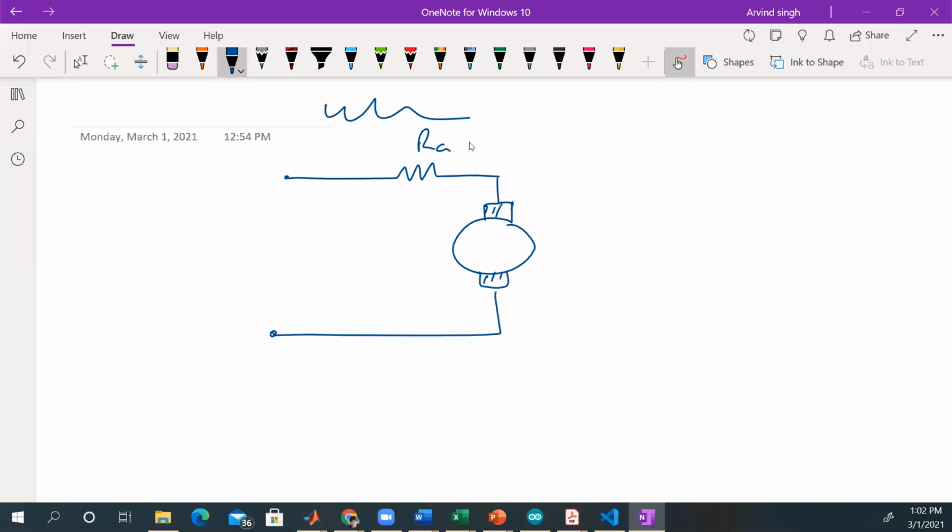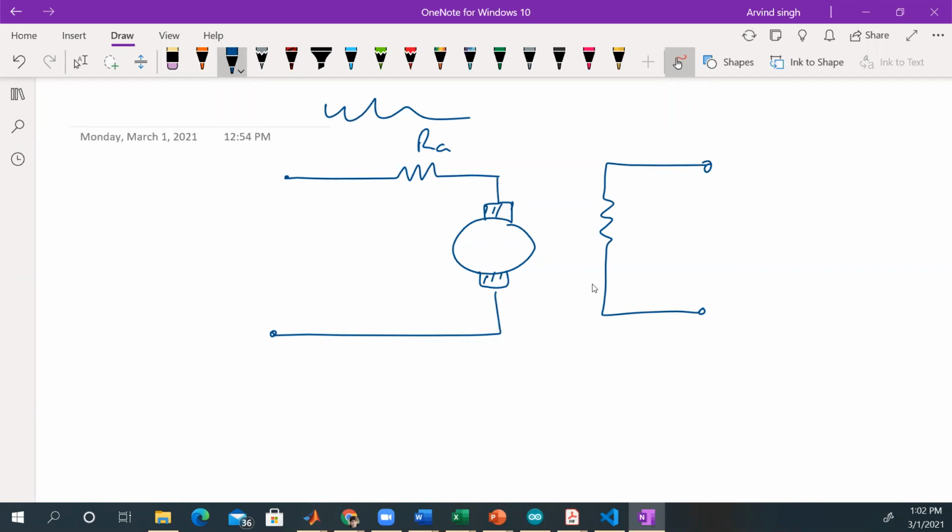And this is the armature resistance, right? So the armature resistance is always in series with the motor because obviously this is part of the motor. This represents the windings in the motor. And then we have, separate from that, the field, right? Now, sometimes you'll see an inductance included in the field, and also you might see an inductance included in the armature.